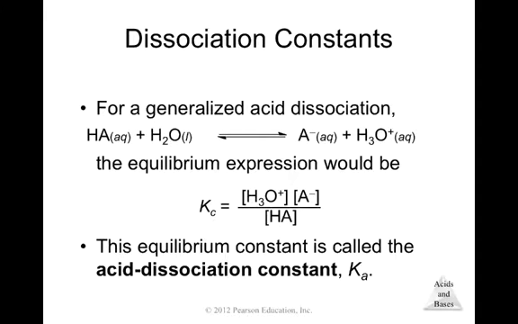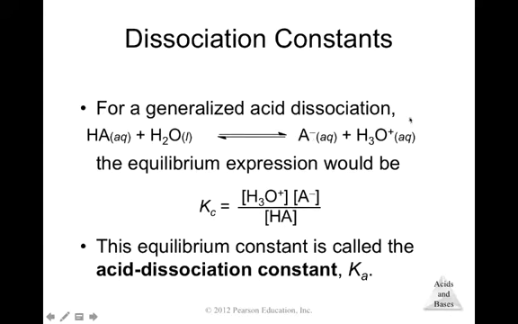So for a generalized acid reaction, we can calculate what's called the dissociation constant. This is basically like the equilibrium constant to see how much of your acid is going to dissociate, what percentage of it is going to turn into ions. So if this is our generalized expression, you see this all the time. This is your acid over here, plus your H2O, which in this case is the base.